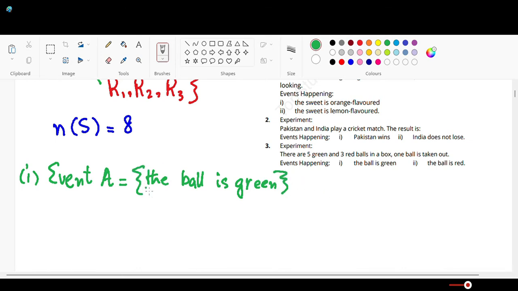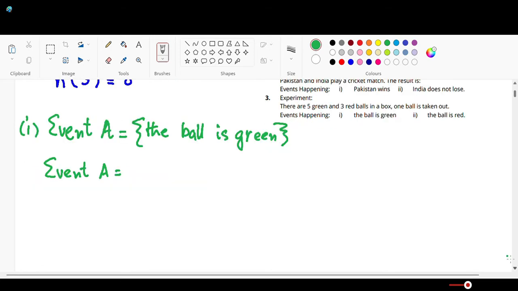There are 5 green balls, so it could be any one of those green balls, right? So that means G1, G2, G3, G4, G5.